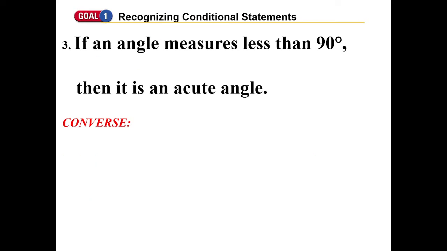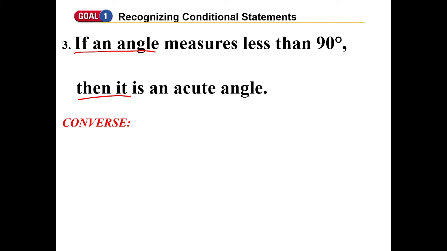If an angle measures less than 90, then it is an acute angle. This one, the if an angle remains, the then it remains. Who would like to answer this? Just interchange the measures less than 90. Go.